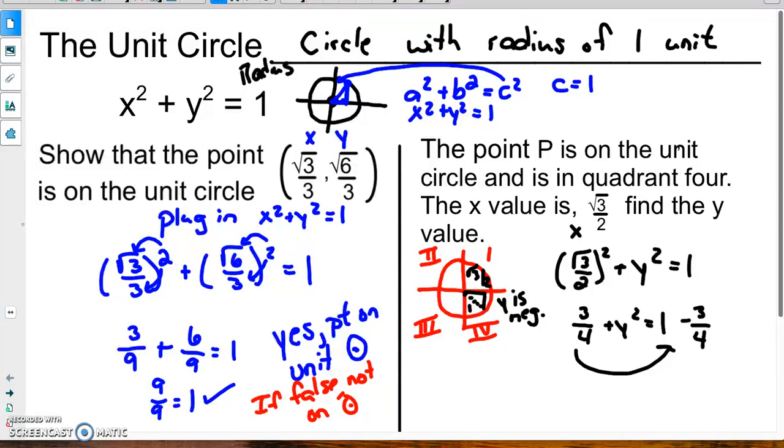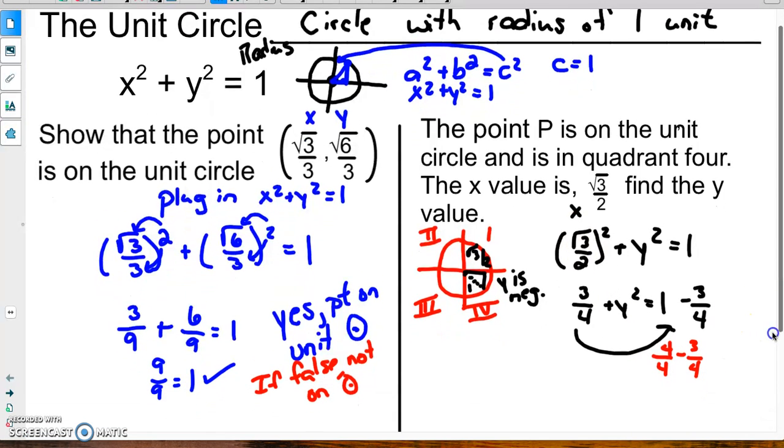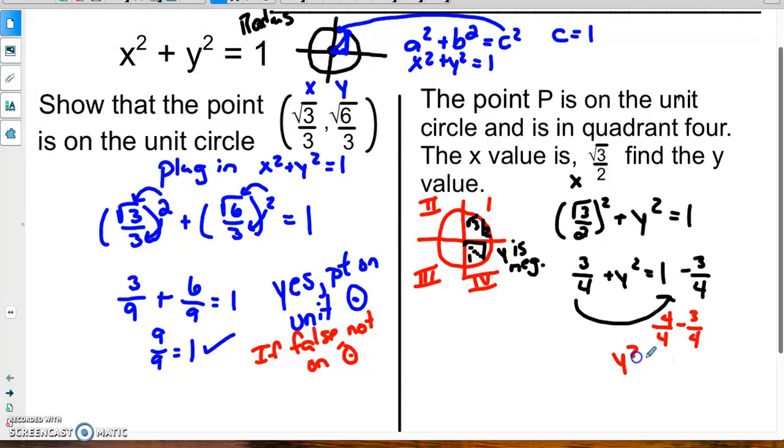So when we make common denominators here, how can I rewrite 1 with a denominator of 4? We can rewrite that as 4 over 4, because if I multiply the numerator and the denominator by 4, it gives me a common denominator. 4/4 minus 3/4 gives me y squared equals 1/4.